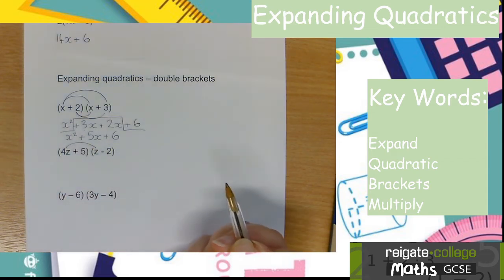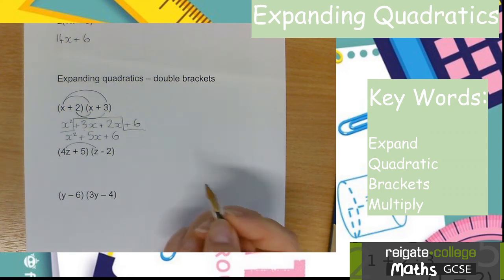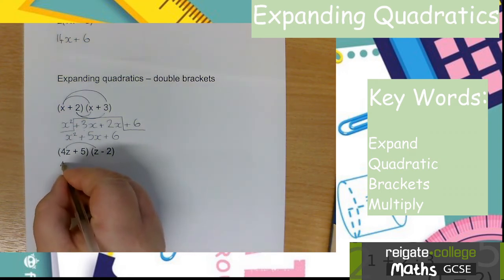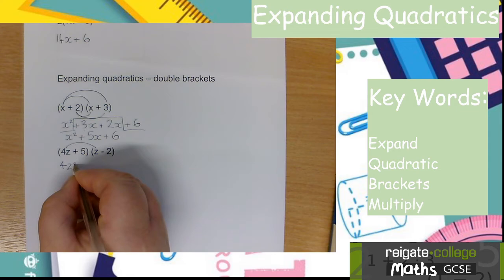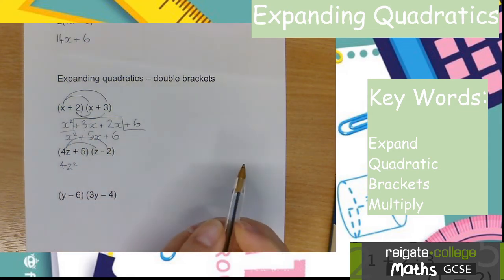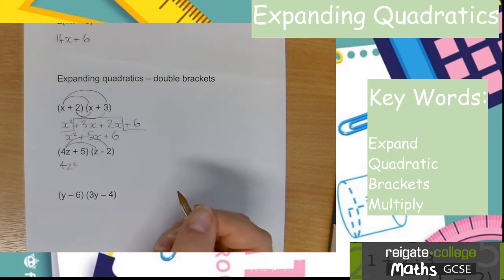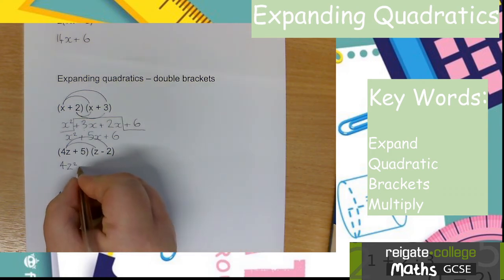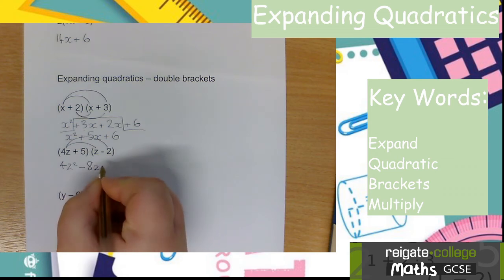This time 4z multiplied by z gives me 4z squared. 4z multiplied by minus 2 gives me a minus 8z. Remember I said be careful, you're multiplying a negative.